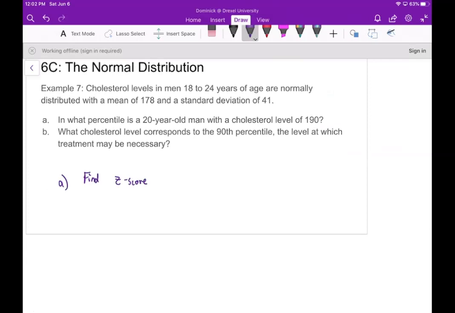So I need to take 190 minus the mean, which is 178, divided by the standard deviation of 41. So then we would get 12 over 41. And if I do 12 divided by 41, I'm going to get that my z-score here is 0.2927.